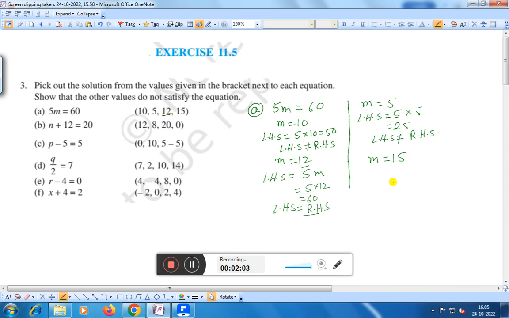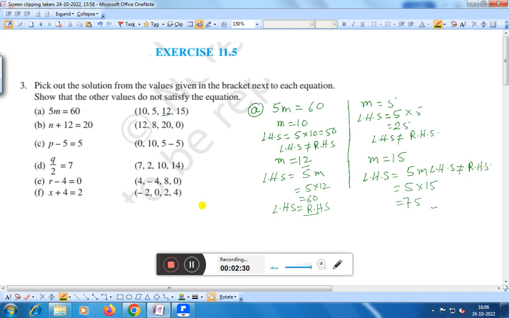And m equal to 15, if we take the left hand side is equal to 5m, that is 5 into 15, which is 75. Therefore left hand side is not equal to right hand side.